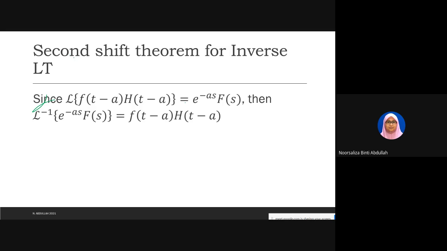Mana saya punya mouse ni hilang. Okay. So we want to find the Laplace for f(t minus a) h(t minus a).